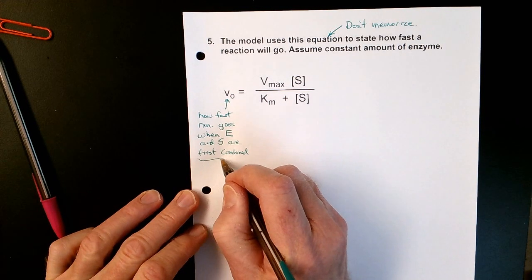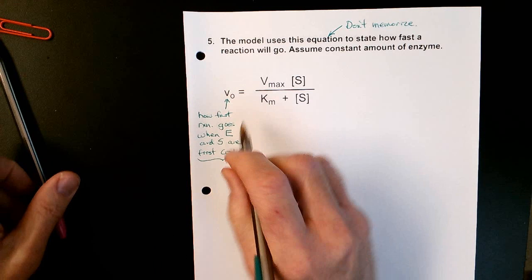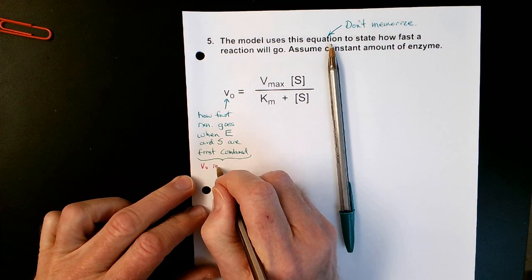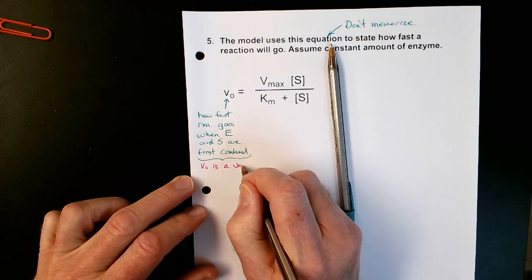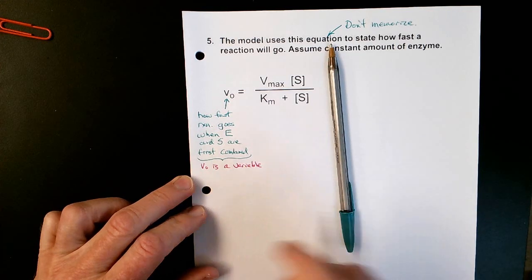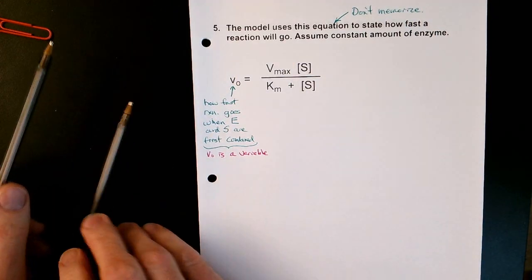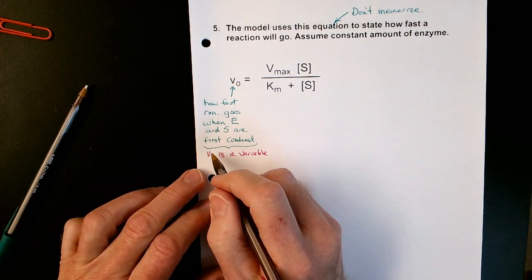Okay, now remember that all of this put together, this V0 right here, V0 is a variable. So it's going to change depending on how other these things get mapped in.